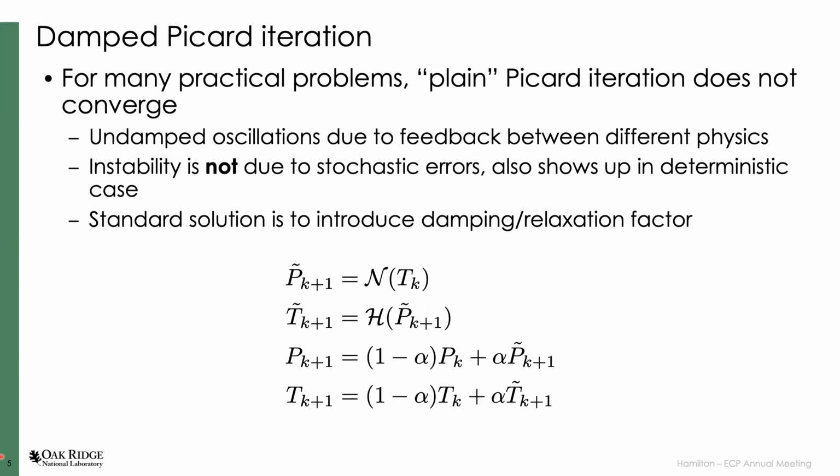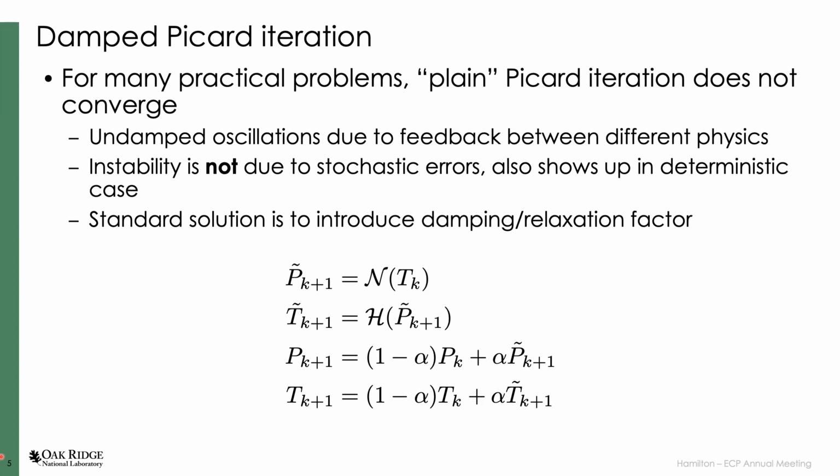It's pretty well established that for a variety of different problems, if you do the vanilla Picard iteration, it might not converge. And this is true in a deterministic coupling sense. There's feedback between the different physics codes that leads to oscillations that aren't damped out as you iterate.